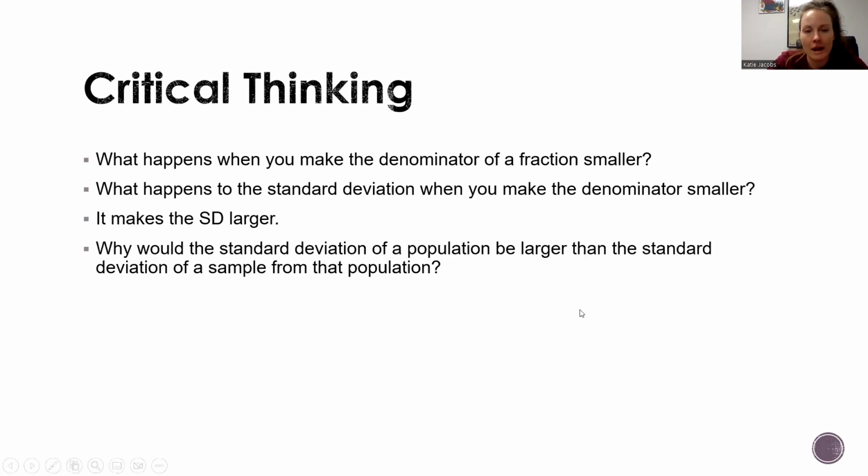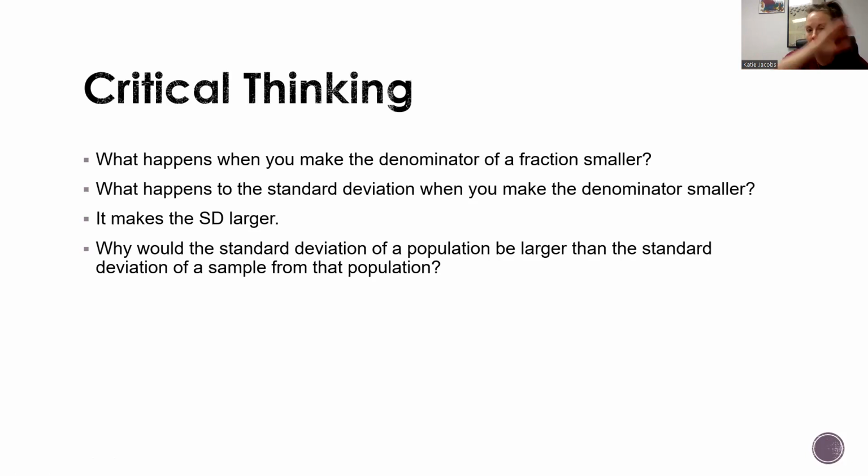Okay, so why would the standard deviation of a population be larger than the standard deviation of a sample from that population, right? Because in the sample formula, we're going to actually take n minus 1 in the denominator so that we can make the sample standard deviation and variance artificially, I guess is a better word, larger. Why would we do that?